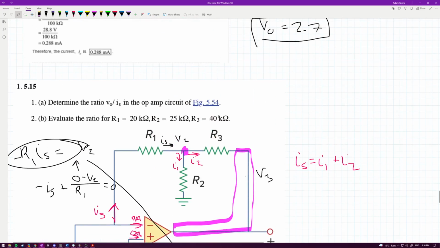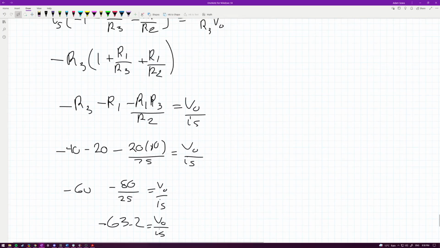So 20, 25, 40. Negative 40 minus 20 minus 20 times 40 over 25. Negative 60 minus 80 over 25. Yeah, I got negative 63.2. But this expression's right? Yeah.